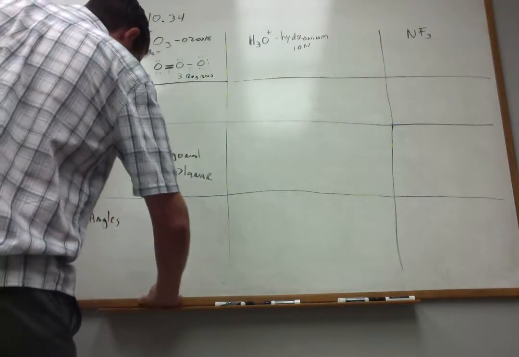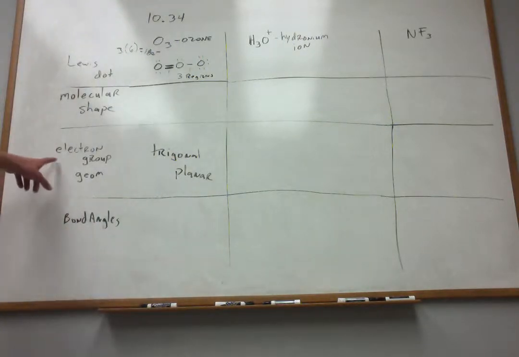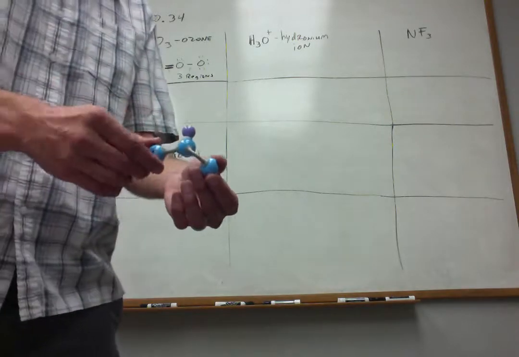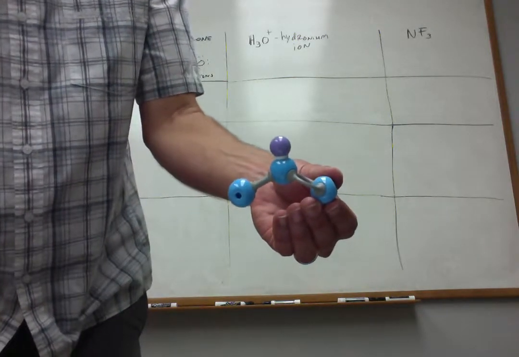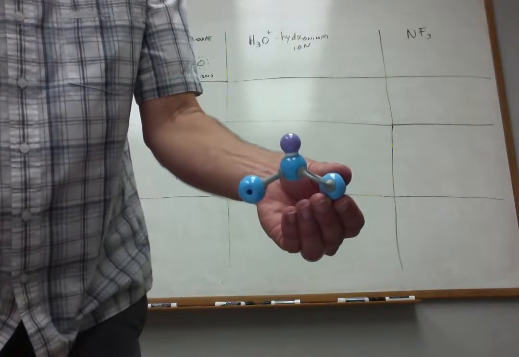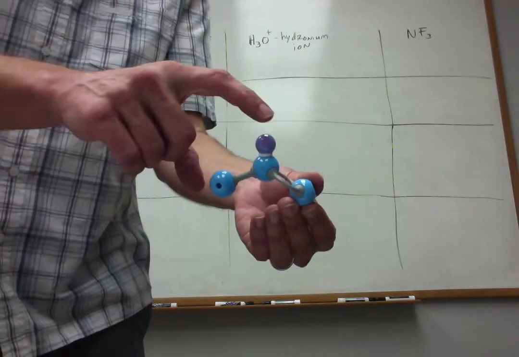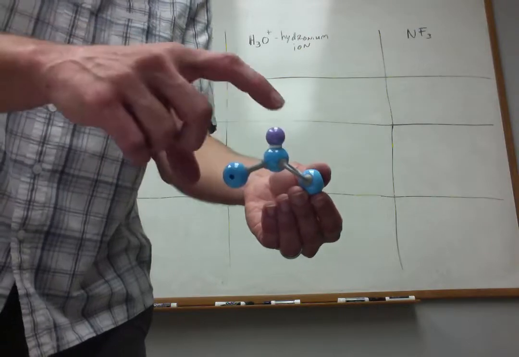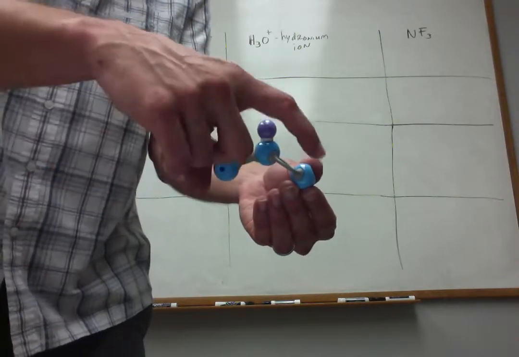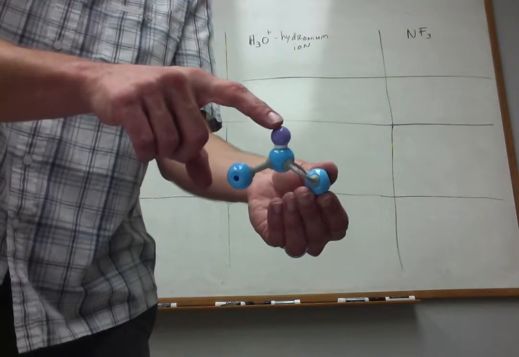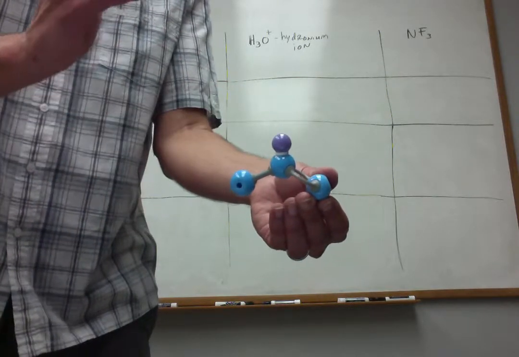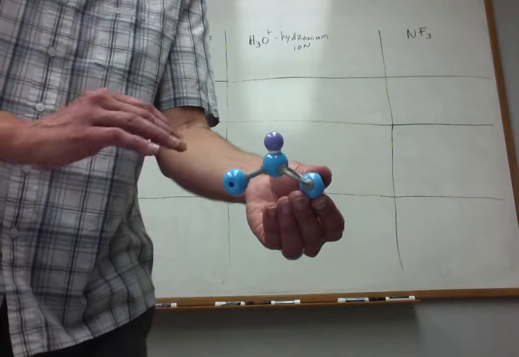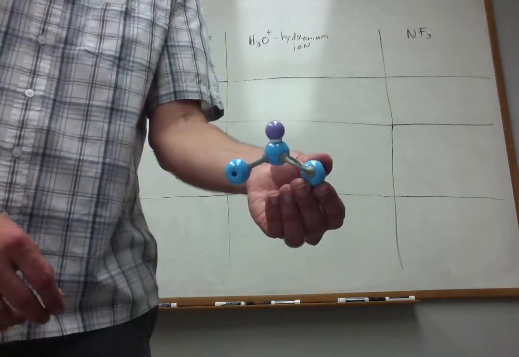Now again, that geometry, the electron group geometry, I'm harping on this because it's important, right? That describes the spacing, if you will, or the geometry of my electron groups around the central atom. Remember, this is my lone pair. So I don't care if I've got bonding pairs or lone pairs. I'm describing the geometry around the central atom with respect to all groups of electrons.